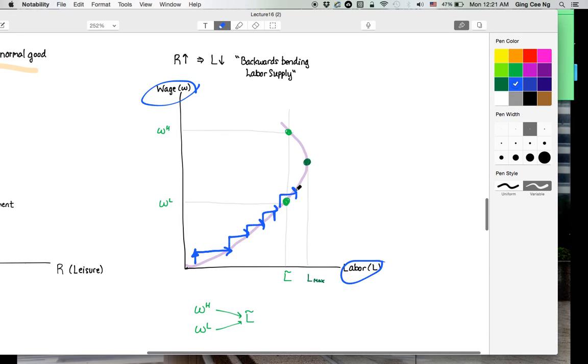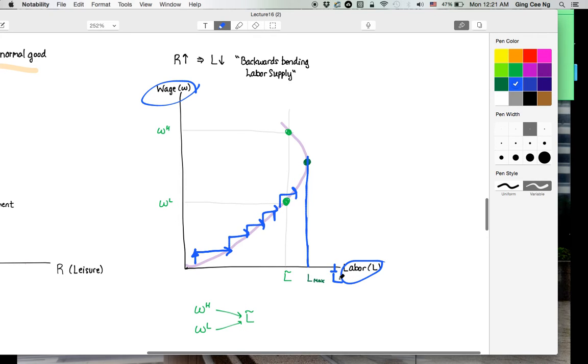And generally, empirically, when we look at data and estimate this stuff, that's what we see. But there might be this L max, which is different from your L bar, which is way out here.